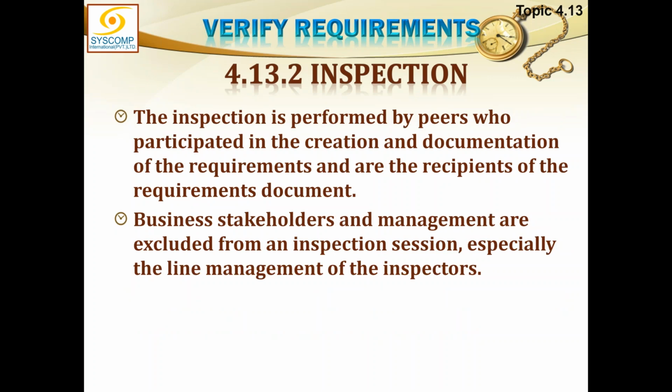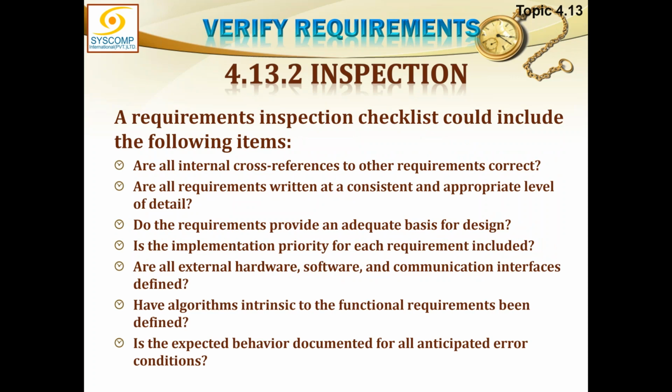This inspection is performed by peers who participated in the creation and documentation of the requirements and are the recipients of the requirements document. Business stakeholders and management are excluded from an inspection session, especially the line management of the inspectors. Our requirements inspection checklist should include: are all the internal cross references to other requirements correct?